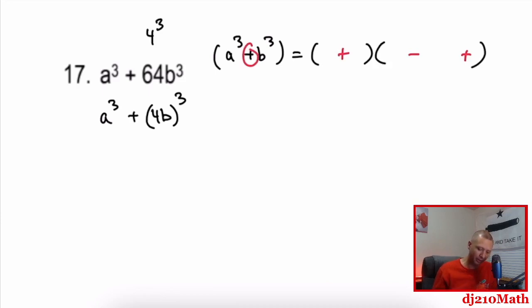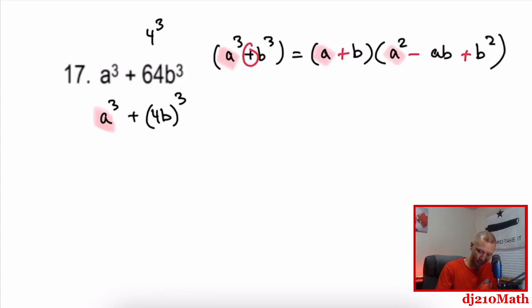When this is plus, and then it's going to be a, b, a squared, ab, b squared. And you just got to figure out what your a and b are. The a is a. And then the b is 4b.